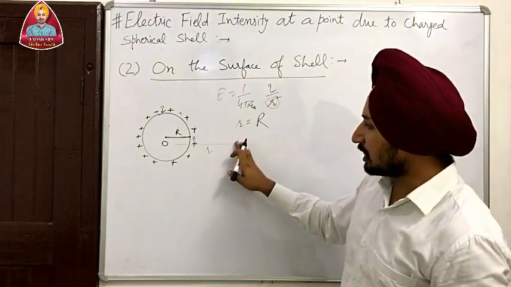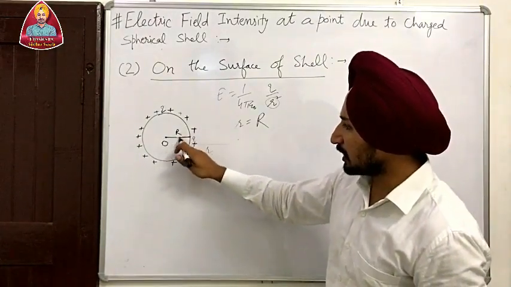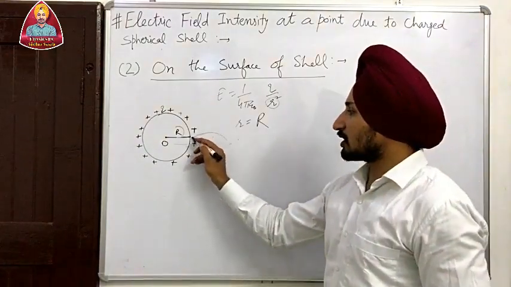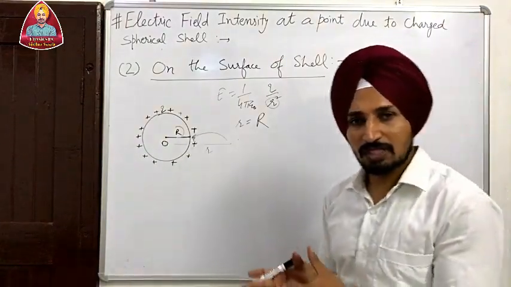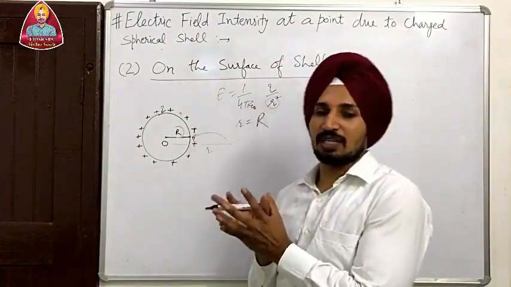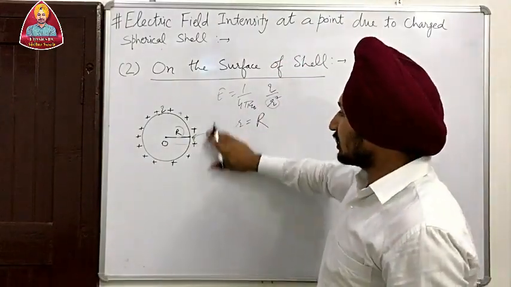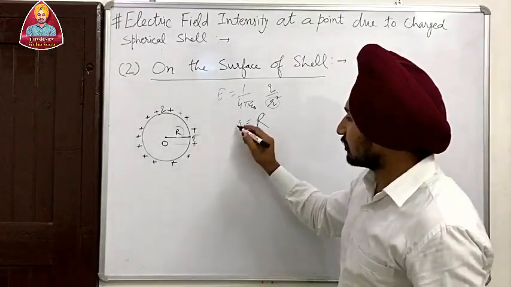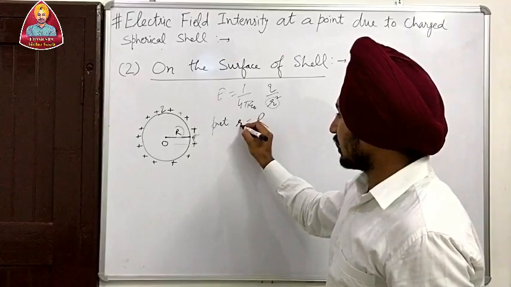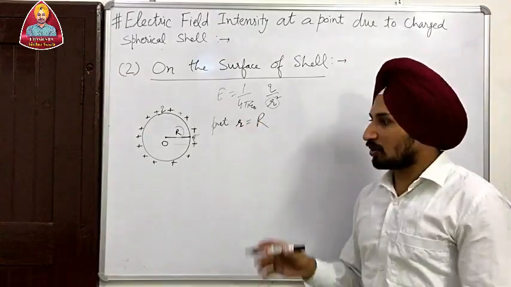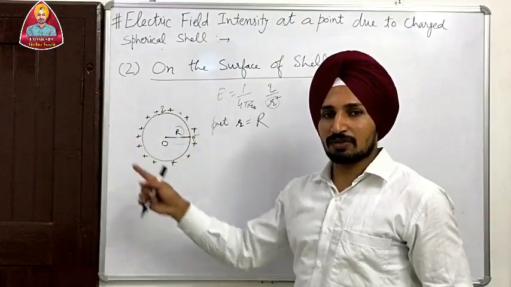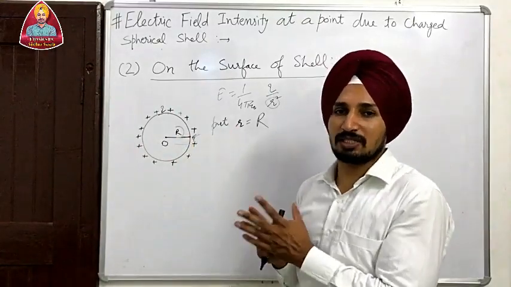If we reduce the radius small r to capital R, then the point P comes to the surface of the spherical shell. So in this case, we just put small r equal to capital R, because the radius of the spherical shell and the Gaussian surface will be the same.